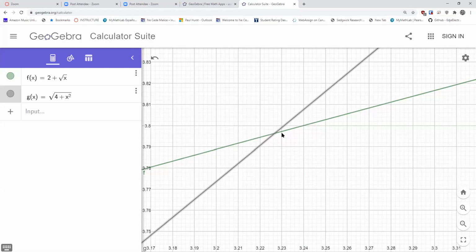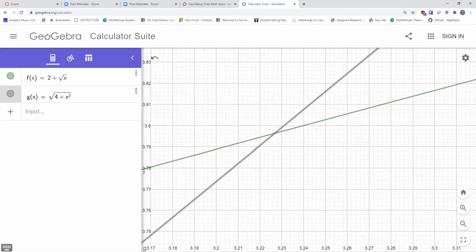So this is closer to 3.23 than it is to 3.22, and it's close. So this is closer to this one than any other of these numbers to 2 decimal places. So 3.23 is going to be the answer. Okay, so the first one was 0, and the second one is 3.23.